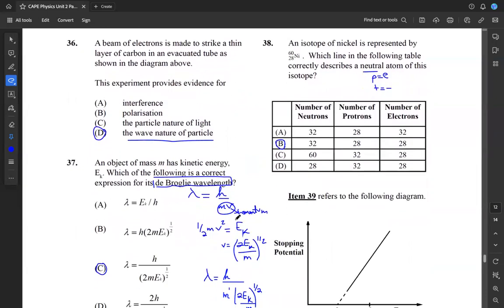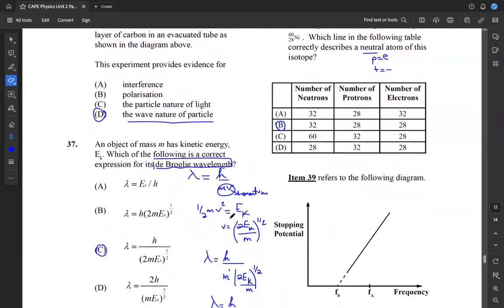So we know that this velocity, as it relates to these kinds of particles, on an electron level, we can arrange the kinetic energy equation, which is half mv squared, to make velocity the subject.